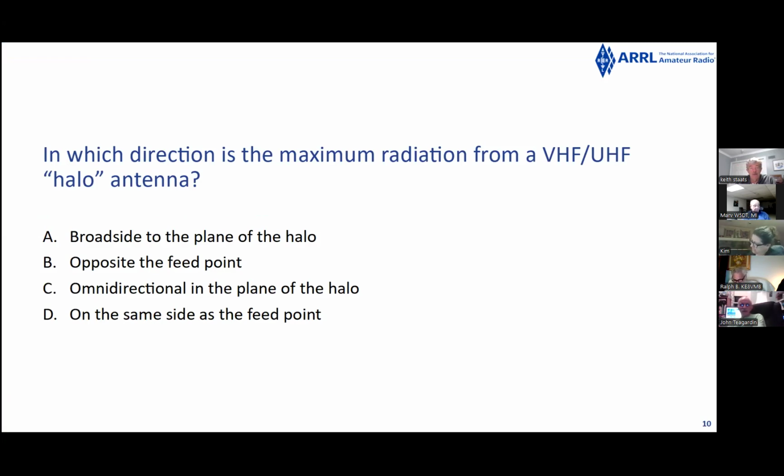And they are horizontally polarized, as opposed to vertical. So the answer here is omnidirectional in the plane of the halo. That's right. C, omnidirectional.